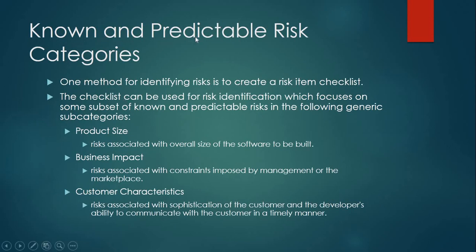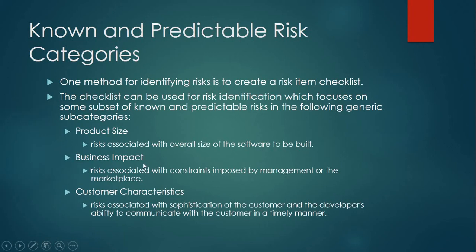Now, known and predictable risk categories. One method for identifying risk is to create a risk item checklist. The checklist can be used for risk identification, which focuses on some subset of known and predictable risks. They are: first, product size, risk associated with the overall size of the software to be built.